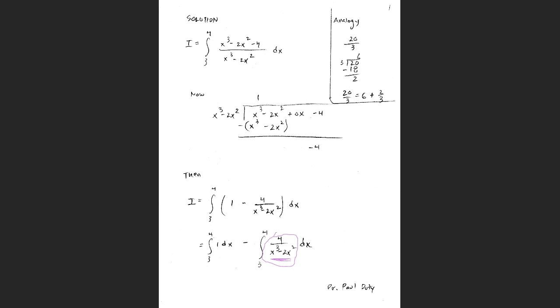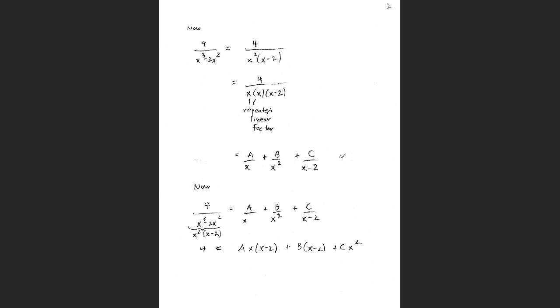All right, here we go. So I'm going to factor the denominator here. I have x squared times x minus 2, but the x squared I can write as x times x.